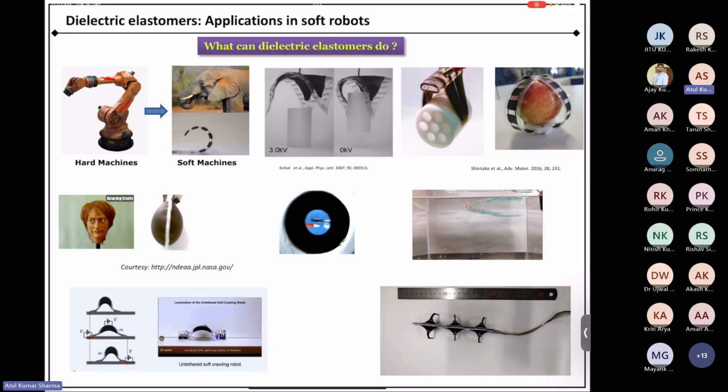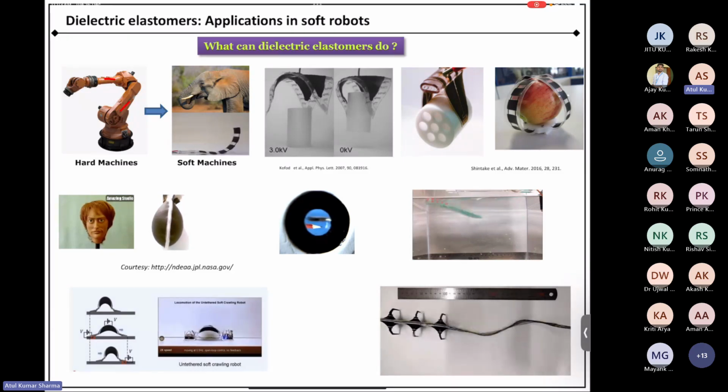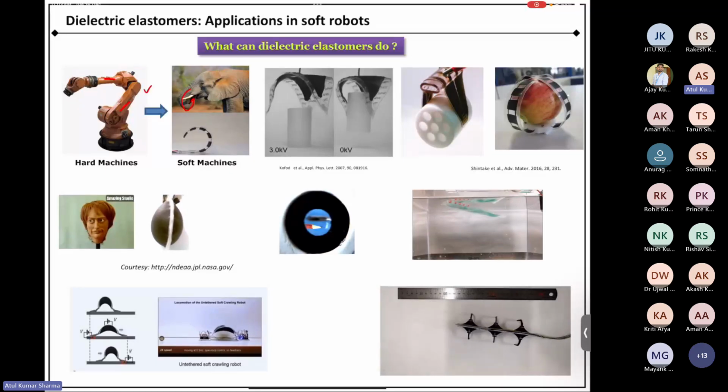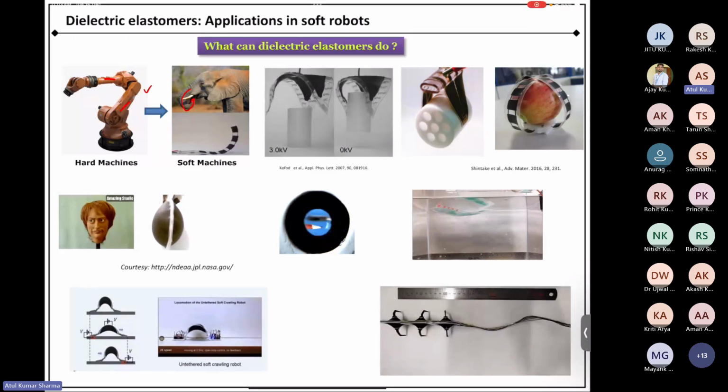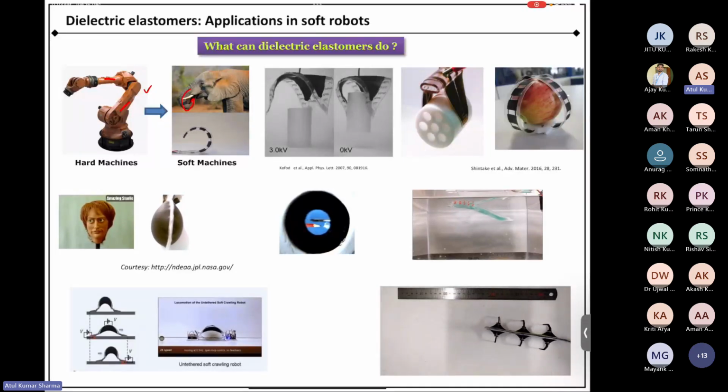If we want to mimic elephant trunk-like motion using conventional robots, we will require a large number of links, and with more links, controlling each link separately will also be difficult. But if we use this dielectric elastomer, a single link can achieve this elephant trunk kind of motion. That is the main advantage.